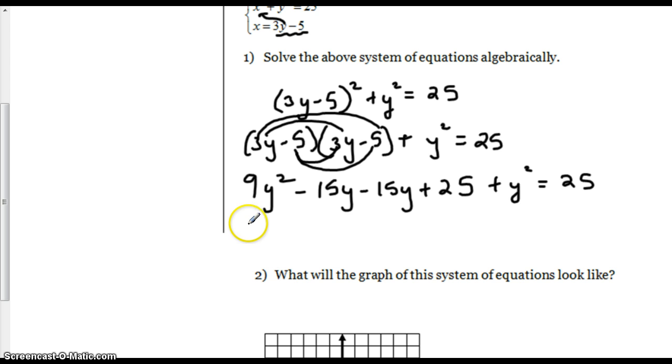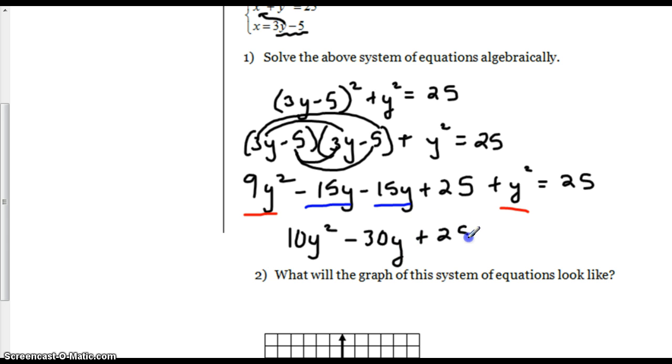So we can see that 9y squared is a like term to y squared, and negative 15y and negative 15y are alike. So if you add 9y squared plus 1y squared, that would be 10y squared. And then if you add minus 15y and add another minus 15y, we have minus 30y. Then we have plus 25 and equal to 25.